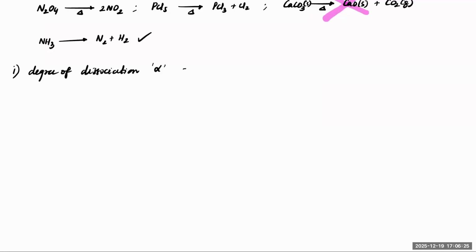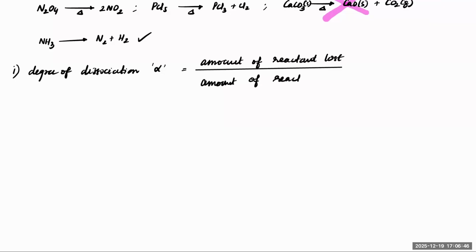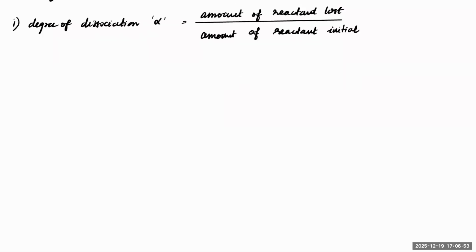By definition it is simple: amount of reactant lost divided by amount of reactant initial. So initially how much amount it has, and how much amount is lost, that's what you need to check.